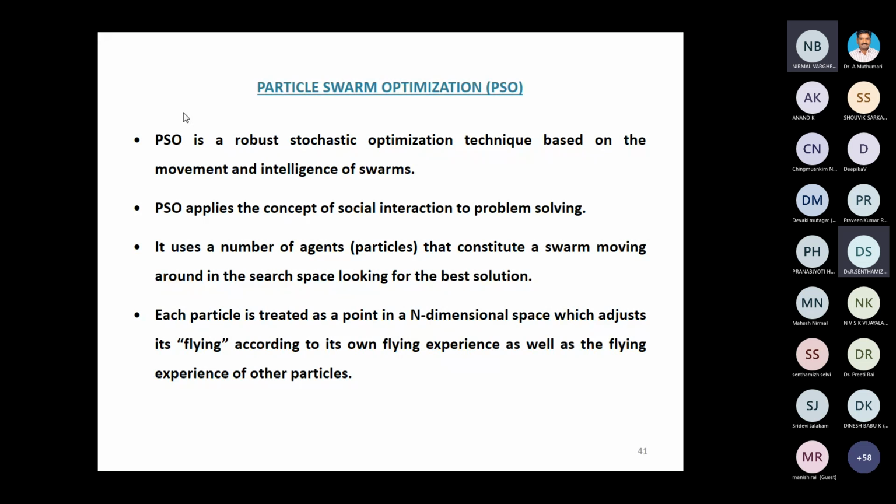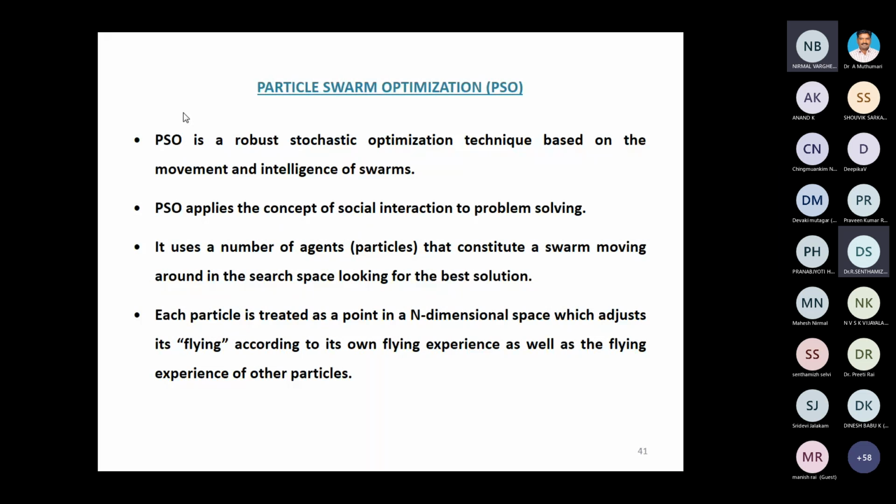Stochastic means time invariant. It does not depend on a time, or a period, or some event. Stochastic means it's invariant. That is called a stochastic optimization technique. You can apply it at any time, in any field, on any of your events. That is what is called a robust stochastic optimization technique.